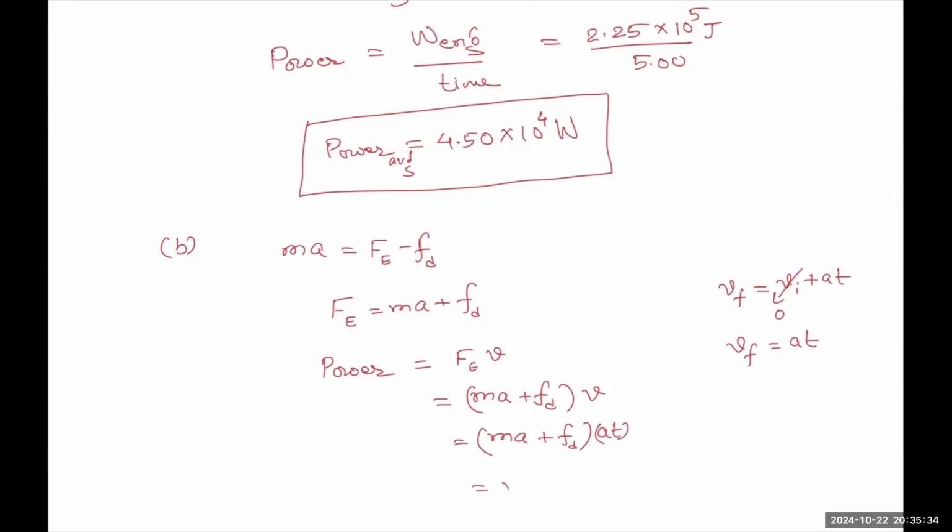So that means this is m a square plus F drag a times t, right? Make sense? So this is my power at any time. At that particular time, what is my acceleration? Based on that acceleration, that will be my power at that particular instant of time.